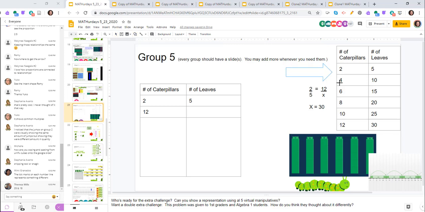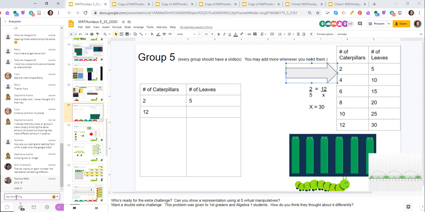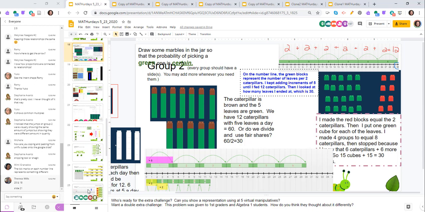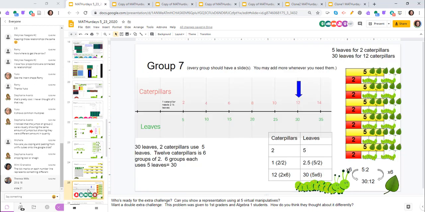So if our end goal is getting them ready for Algebra 1, slide 21, which of those linear models would you use to get there? And hint, there's not a wrong answer.